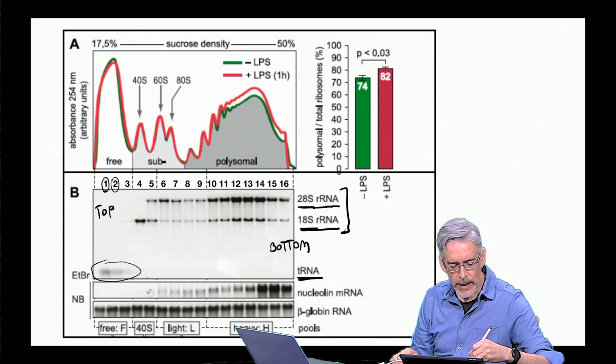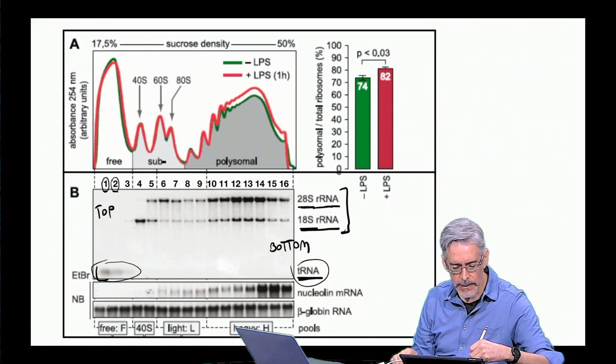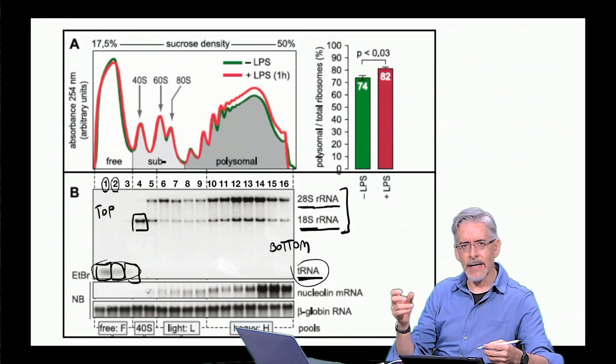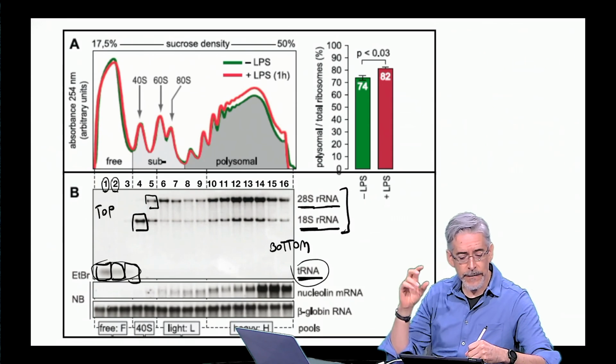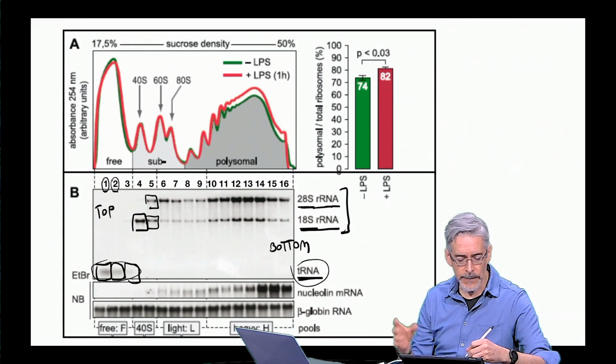So fractions 1 and 2 may actually contain tRNAs, shown here, and fraction 3 may also contain that. Fraction 4 now contains the small ribosomal subunit. Fraction 5 contains now a little bit of the large ribosomal subunit as well as some of the small.